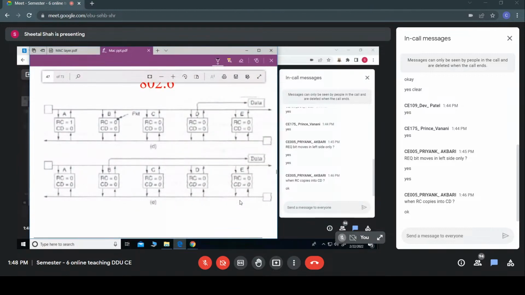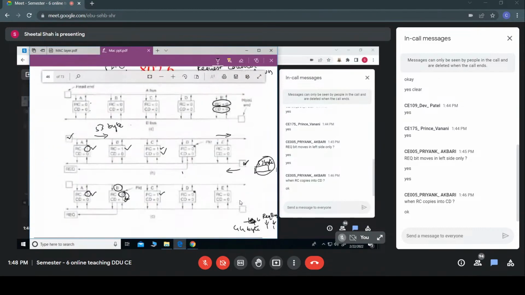Now since D has requested first, the frame cell sent by the head end would be moving through this. Station A would find that there are 2 requests, so A's data would not be put into the payload field of that frame cell.